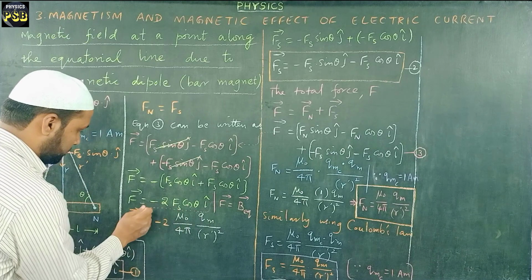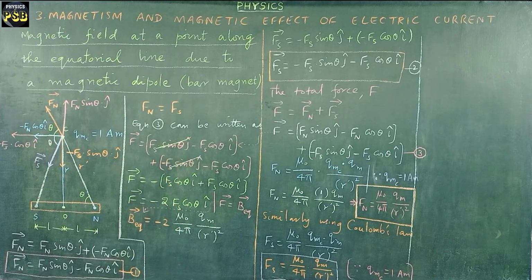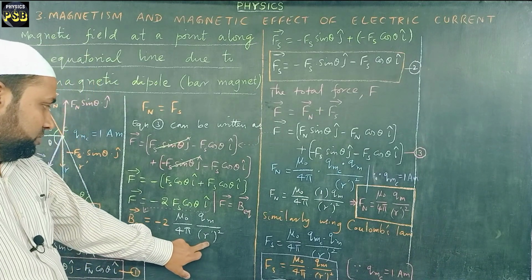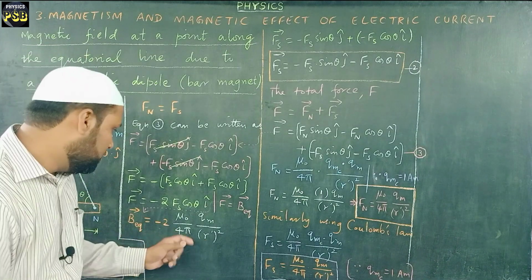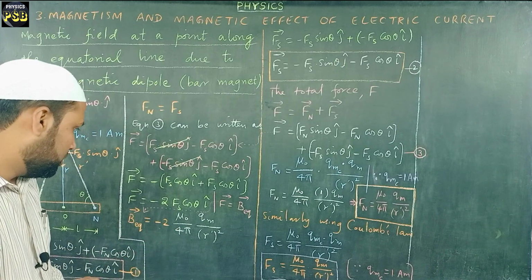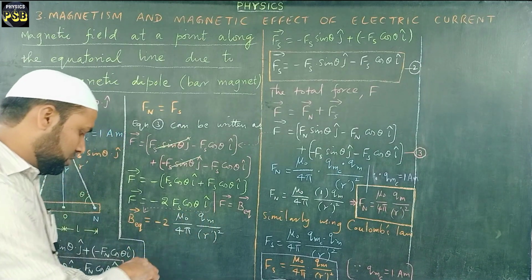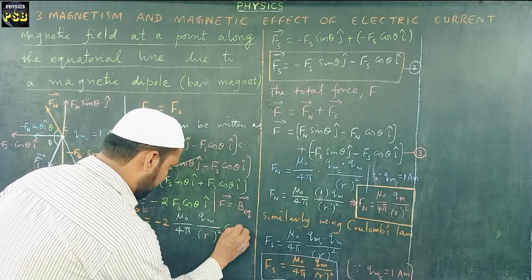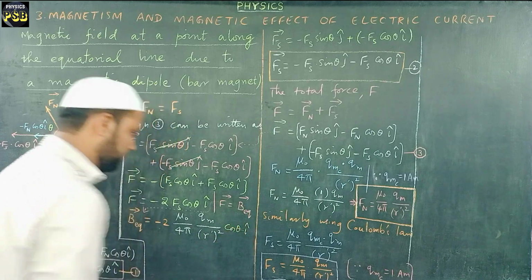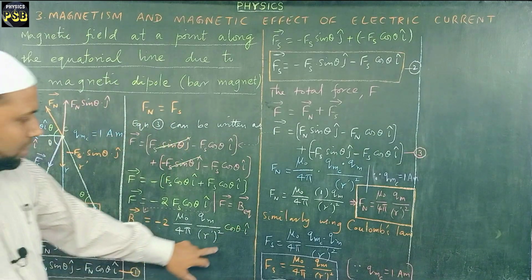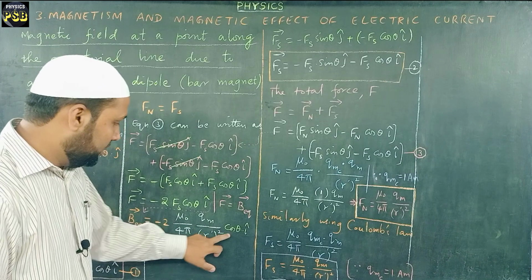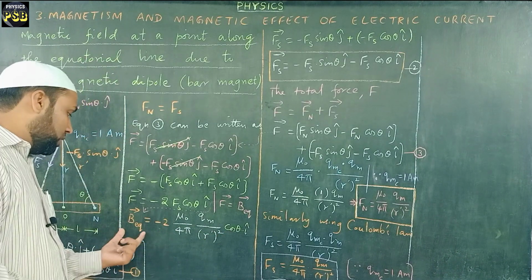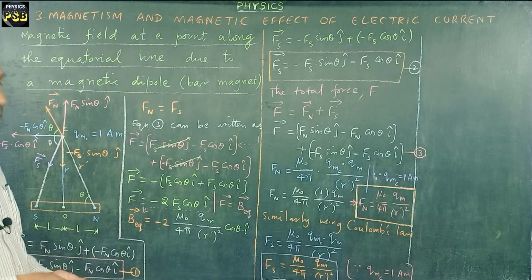This is how we have obtained this. Now I am going to substitute the value of r dash. One thing I forgot to mention, I am going to write here cos theta i cap. Now, if I know the value of cos theta and r dash, by substituting them, the final expression for the magnetic field at point C can be obtained easily.